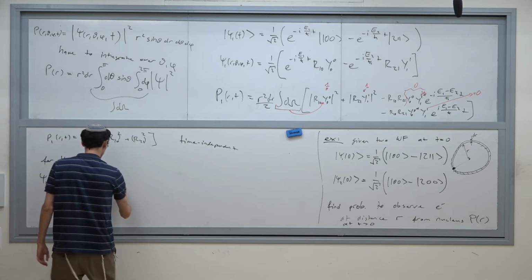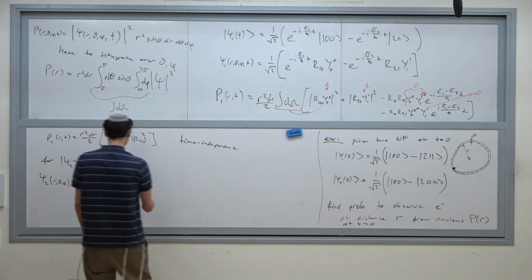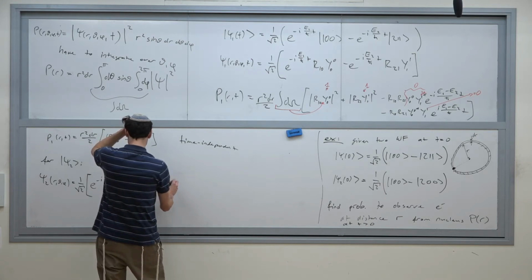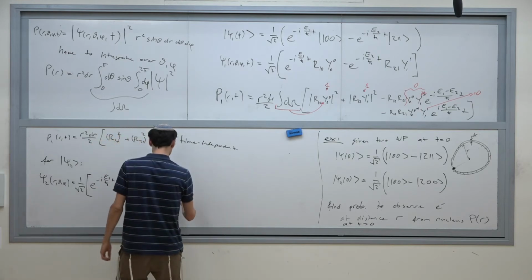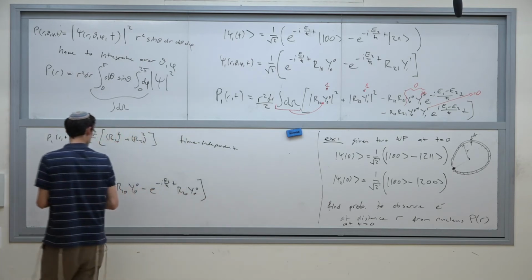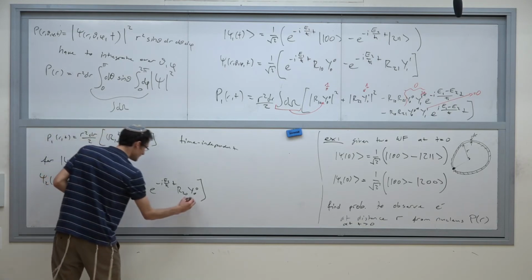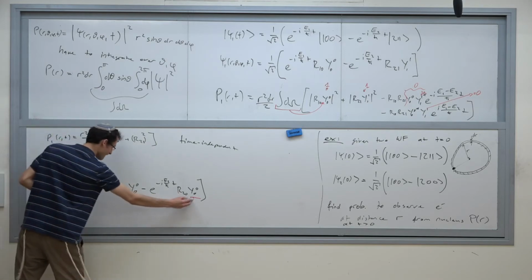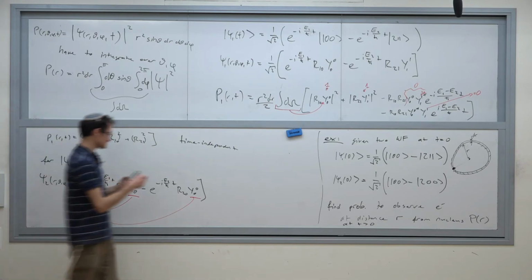And then the radial function is 1, 0, and then there's a Y00. And then the second part is e to the minus i E2 over h bar t, R20, and then Y00. Okay, that's the easy part. Notice that now this Y00 appears in both terms, so it can be factored out. So this will take a very simple form.